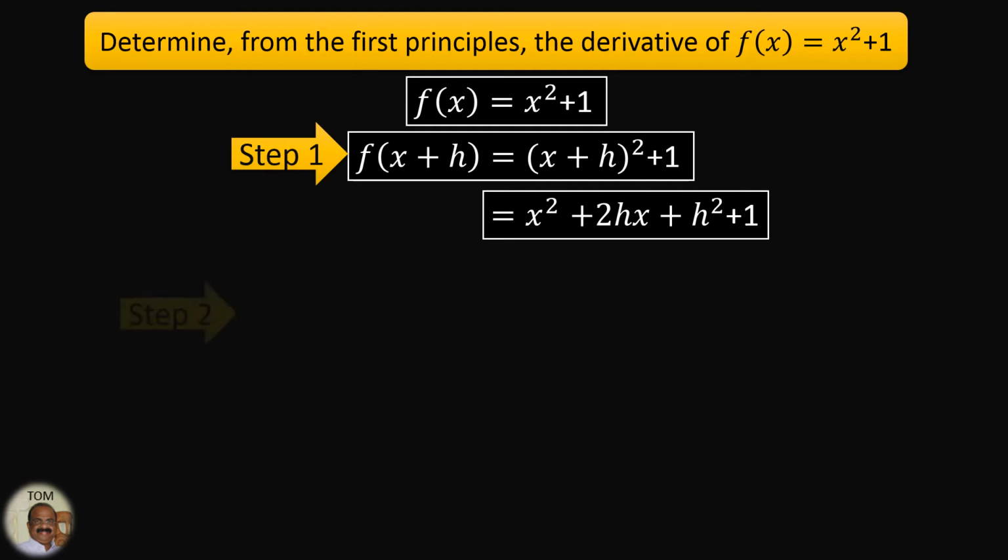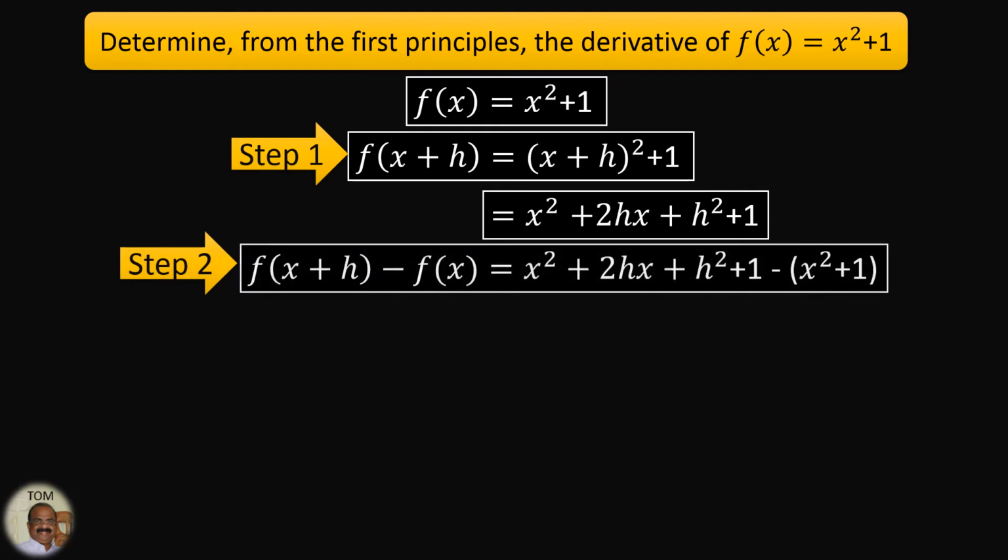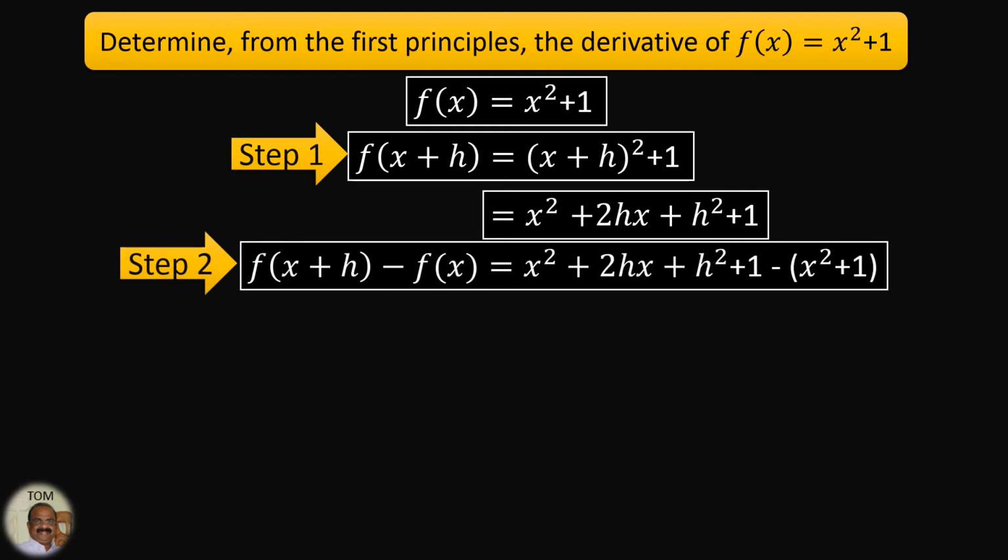Step 2 is subtraction. F of x plus h minus f of x. So we subtract x square plus 2hx plus h square plus 1 minus, what is fx? X square plus 1. Look at that.